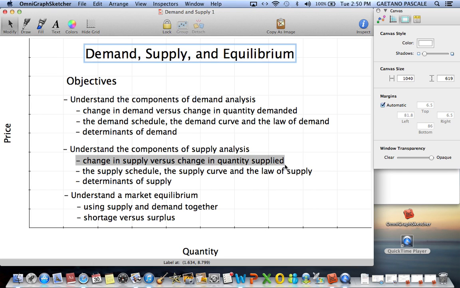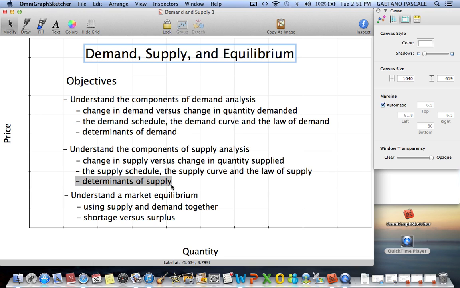They are not the same thing. Just like when we talked about change in demand versus change in quantity demanded and not being the same thing. The same holds for supply. We will then take a look at the supply schedule, supply curve, and the law of supply. All right, and then we will take a look at determinants of supply, things outside of price that impact supply.